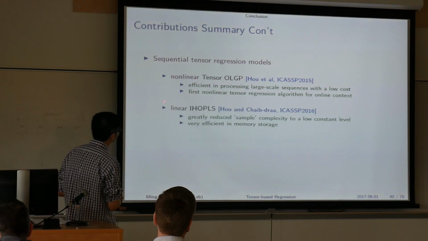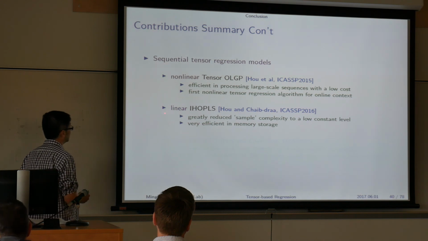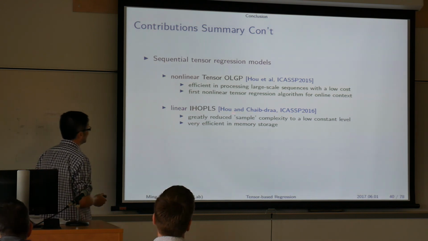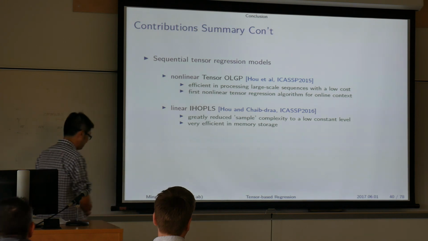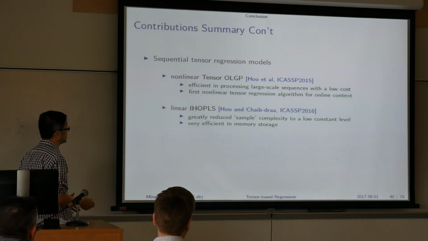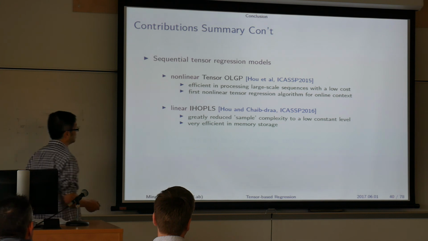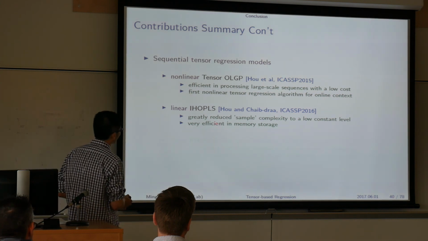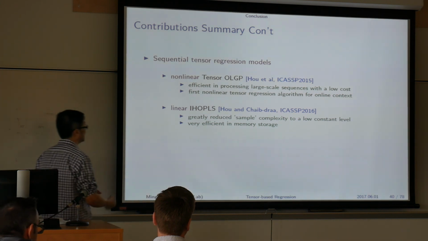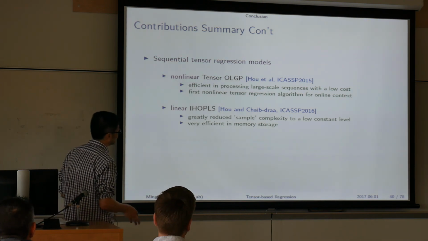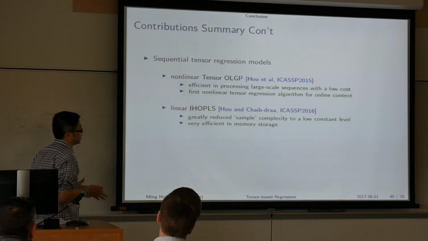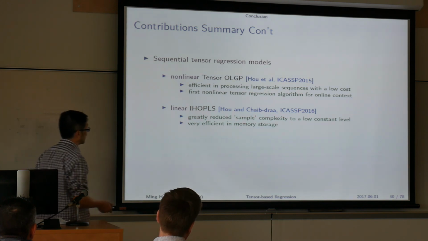And the second sequential work is linear IHOPRS. We do this with an incremental clustering strategy of latent component matrices. In this way, it can greatly reduce the sample complexity to a low constant level. And it is very efficient in memory in that it only needs to store a small number of factors.